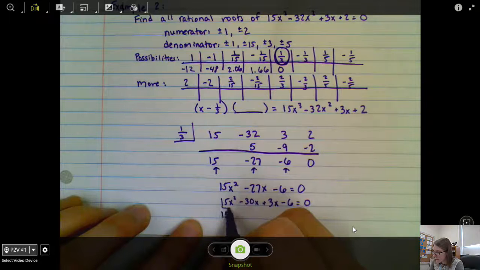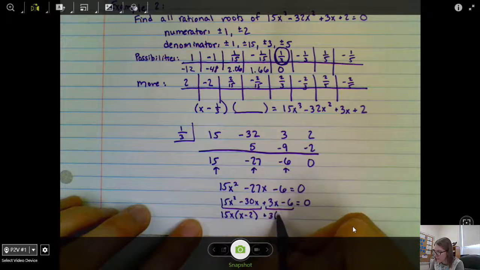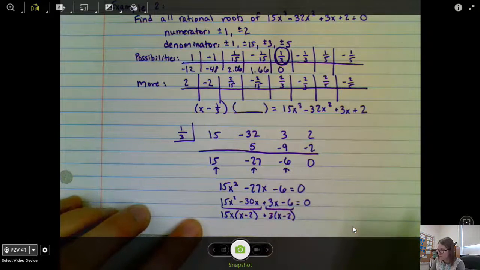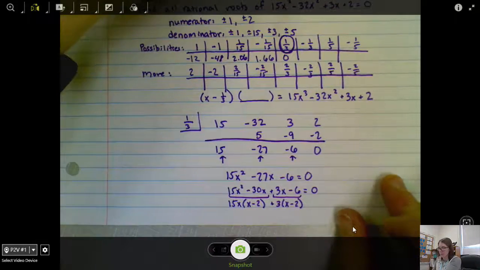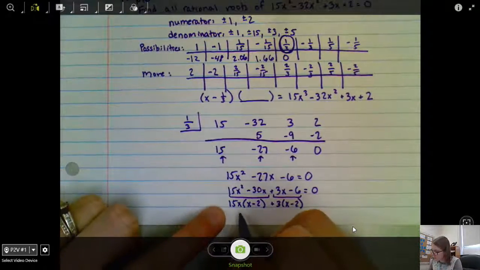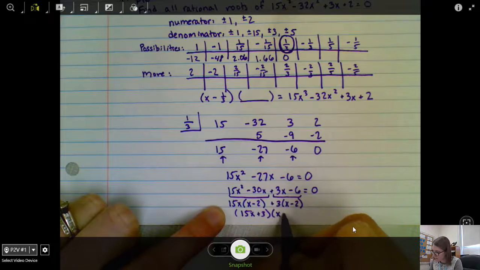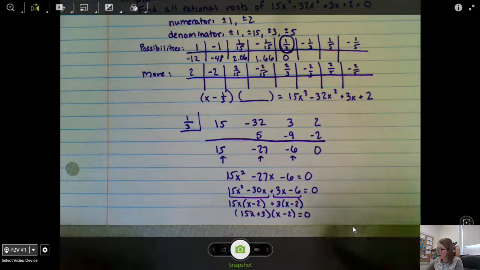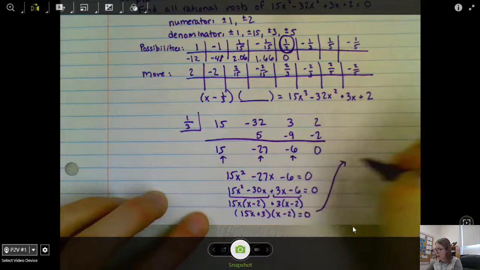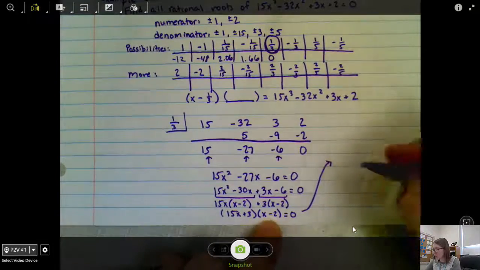Factor out a 15x from these first two. And factor out a 3 from here. Come up to the side here. Zero product property. x minus 2 equals 0 and x is 2.